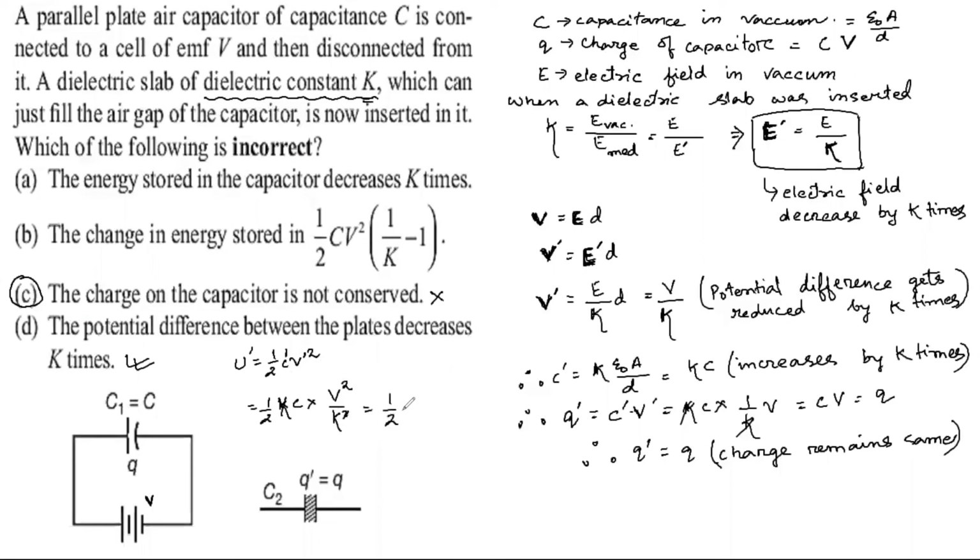So you get half CV square by K. So U dash is nothing but 1 by K multiplied by half CV square, and this is the energy stored in vacuum. Let's say it is U by K.